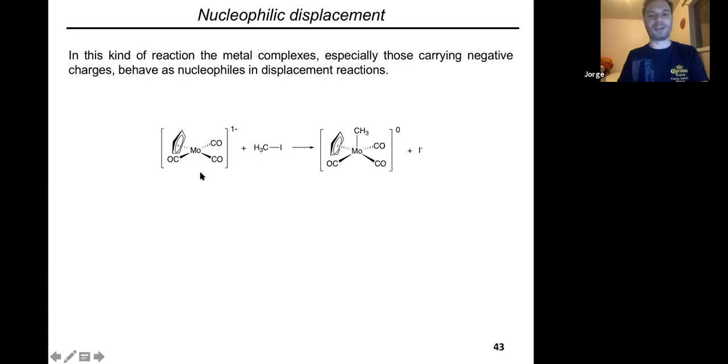Imagine this as a nucleophile that's going to attack this group. There is a break in this bond here, forming iodide and a complex with coordination number equal to 5. Okay, so nucleophilic displacement.